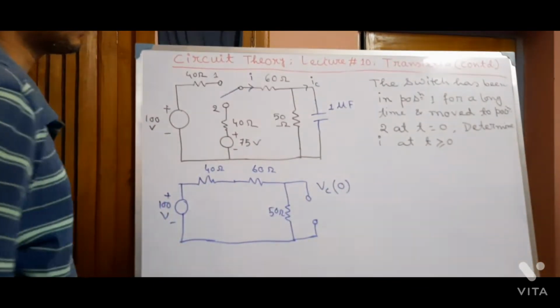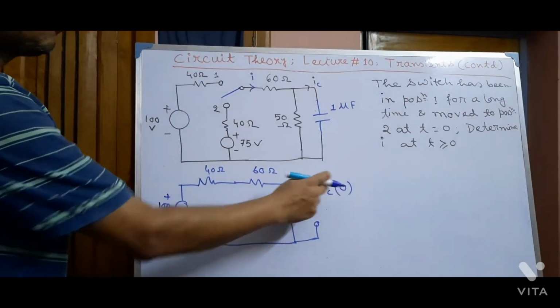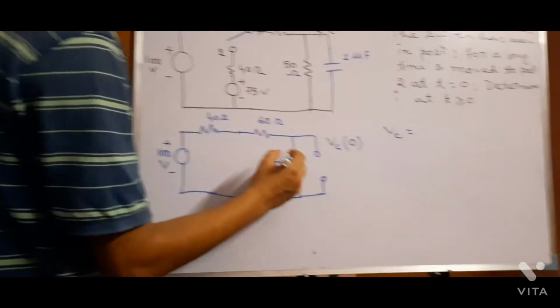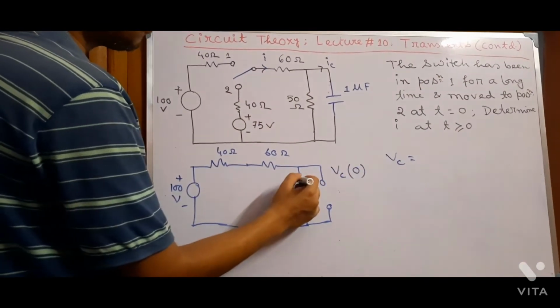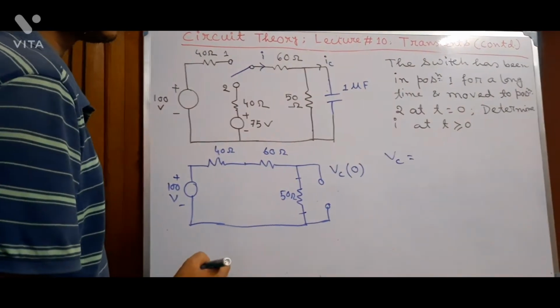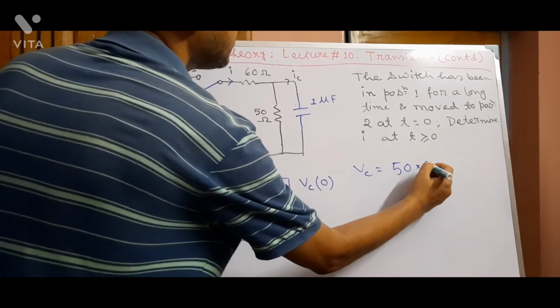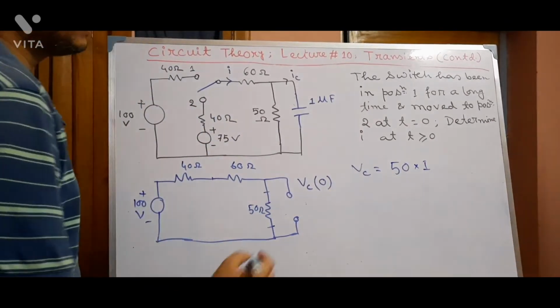So the voltage across the capacitor at t equal to 0 can be determined. This is equal to the voltage across the 50 ohm resistance. So Vc0 equal to 50 into I, as V equal to IR.